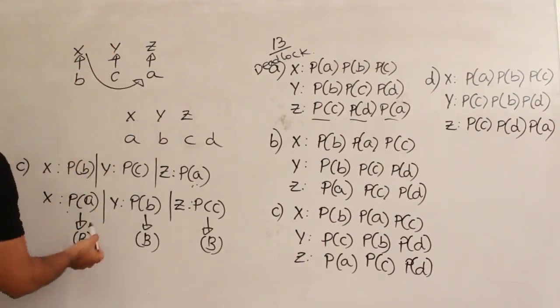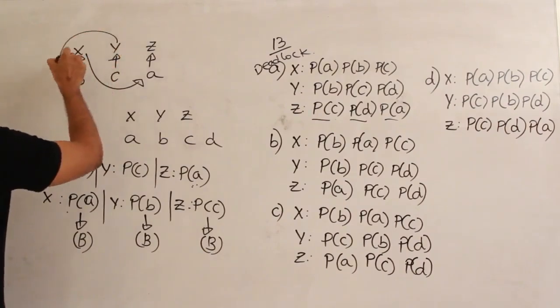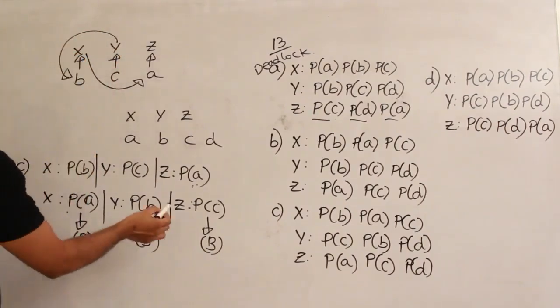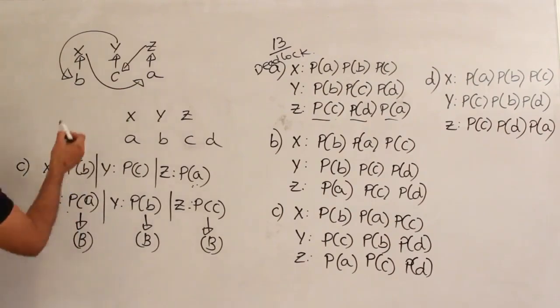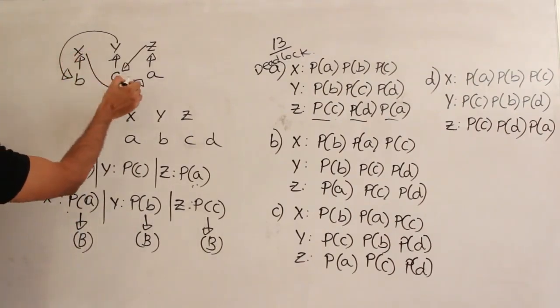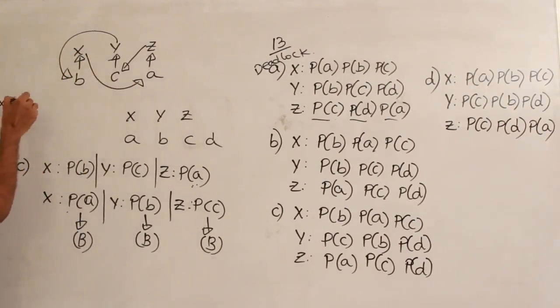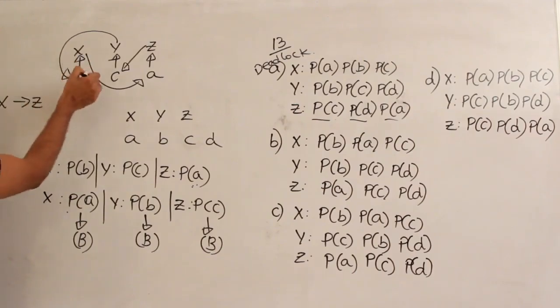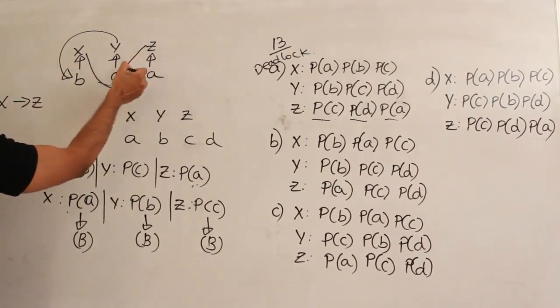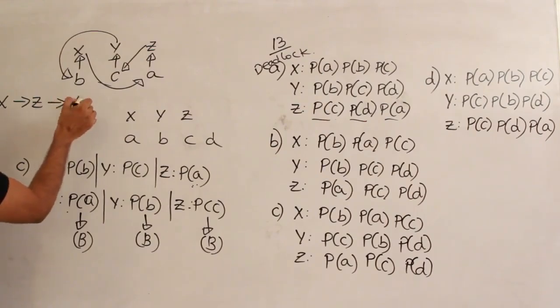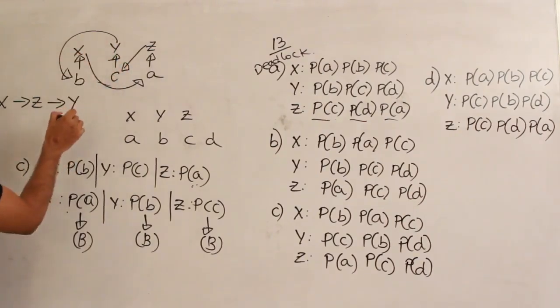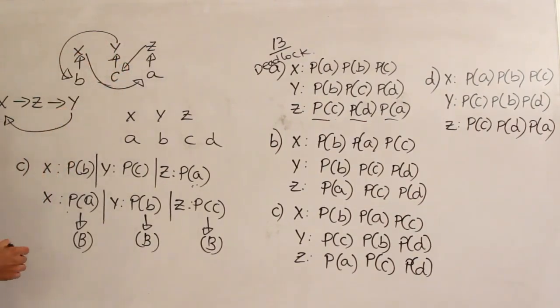And Y is waiting for B, which means Y is waiting for B here, and then Z is waiting for C, so Z is waiting for C. So now watch it. In this case, X is actually waiting for Z to finish and perform an up, and Z is waiting for Y to finish and perform an up, and Y is waiting for X to finish and perform an up, right? Therefore again there is a cycle which is going to be a deadlock.